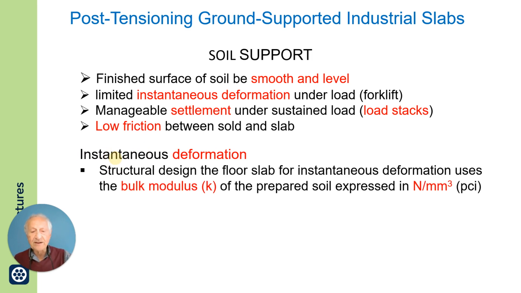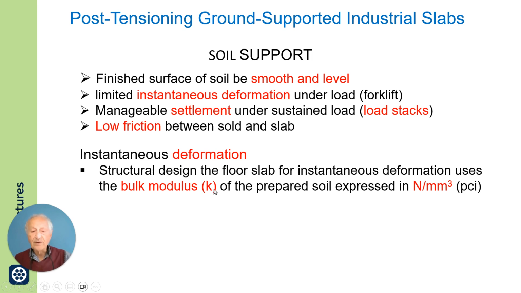So instantaneous deformation depends, apart from the slab itself, on the soil below the slab. And the soil below the slab, its instantaneous deformation uses the bulk modulus of the soil.